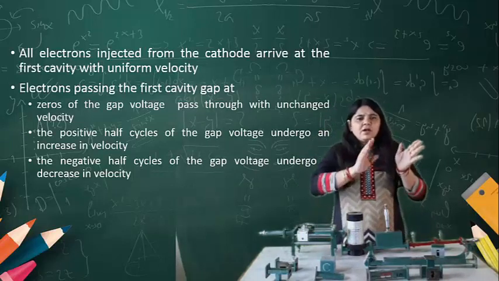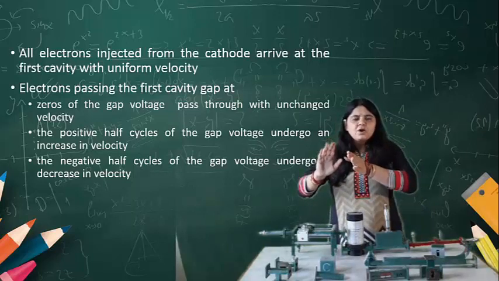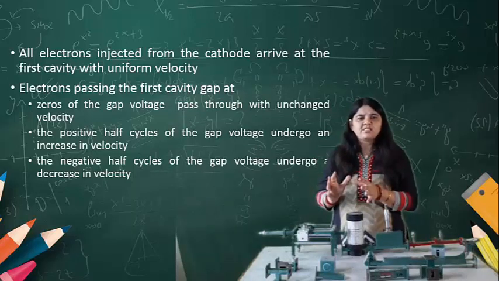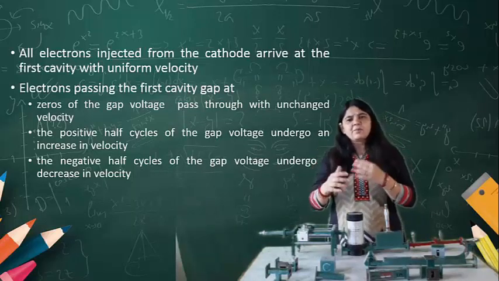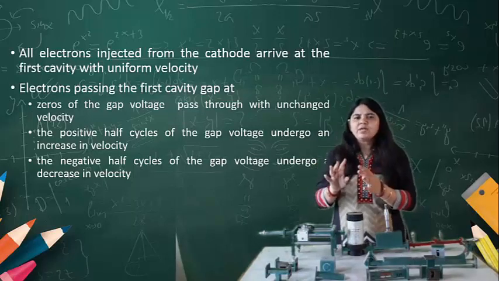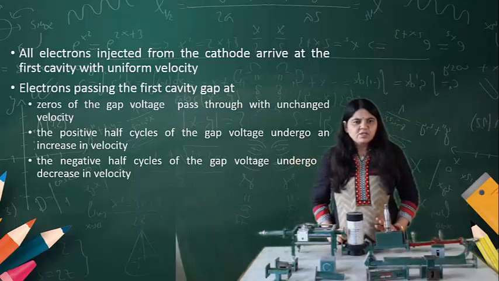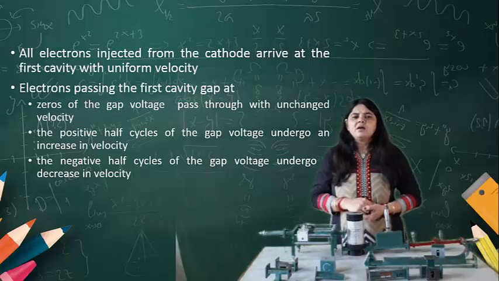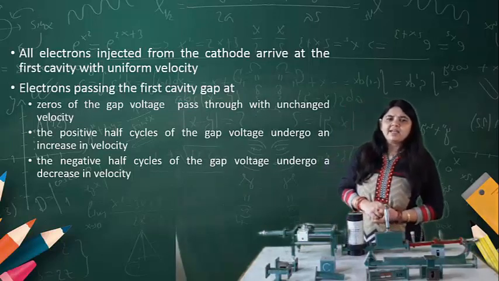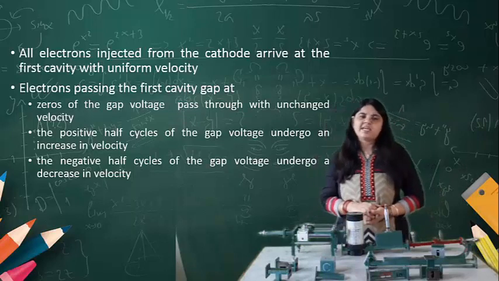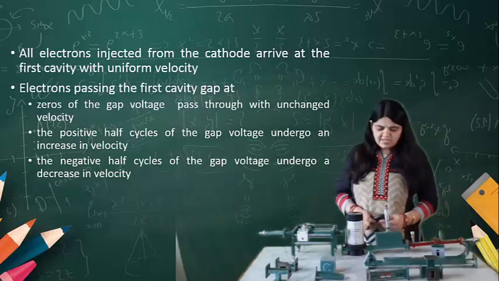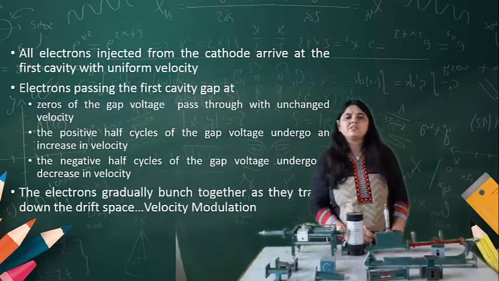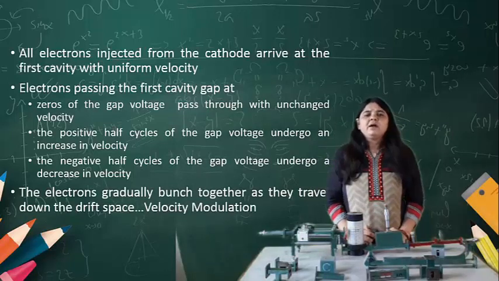Now the electrons pass through the first cavity gap, and at the gap there is a gap voltage, and according to it the electrons travel. The positive half cycle of the gap voltage increases the velocity, and the negative half cycle of the gap voltage decreases the velocity. So this way all the electrons travel with different velocities.